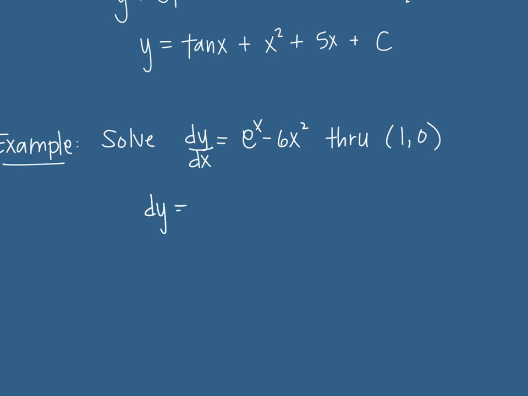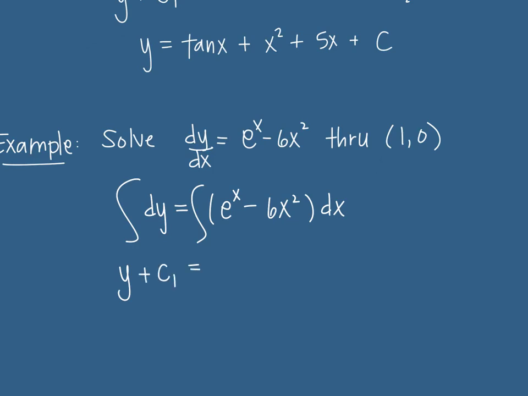So we separate: dy equals e to the x minus 6x squared times dx. We perform separation first, and once we've done the separation, we can put the integration on there. And we'll have y plus a constant.